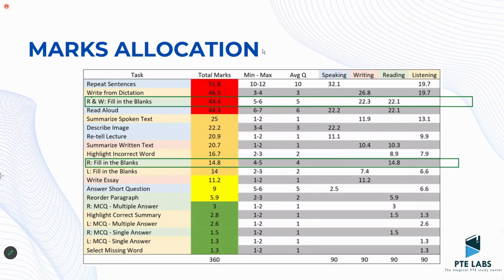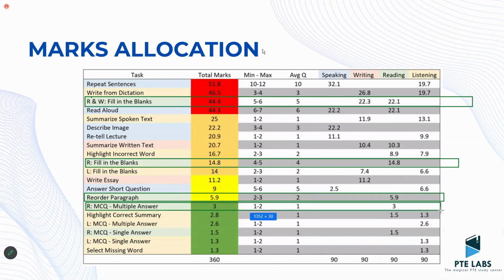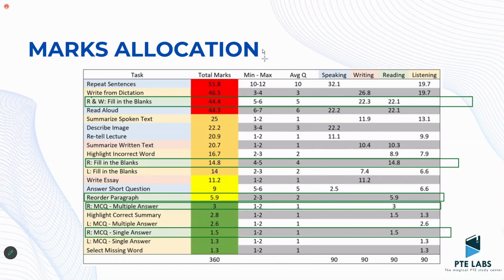In the orange zone, we have reading, fill in the blanks, and reorder paragraph. Right after that, we have multiple choice, multiple answer, and then multiple choice, single answer. I told you these two were the important ones. Now you can see why, because they give you the most marks. So priority should be given to these two first.